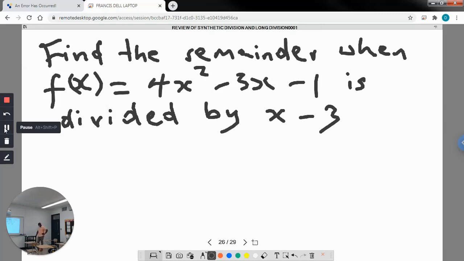So, find the remainder when f of x is equal to 4x squared minus 3x minus 1 is divided by x minus 3.